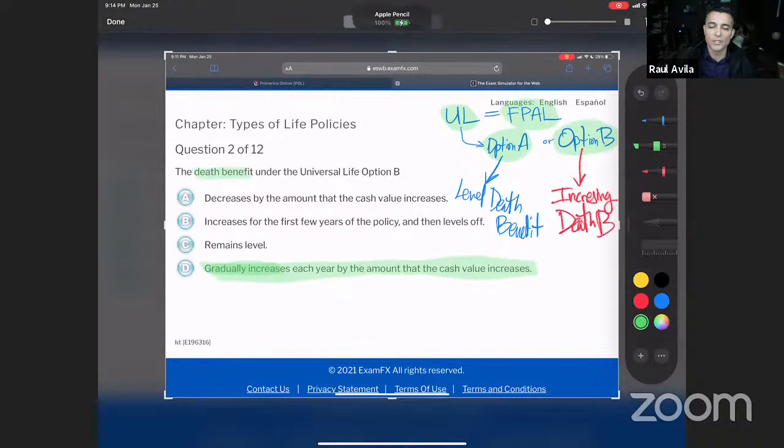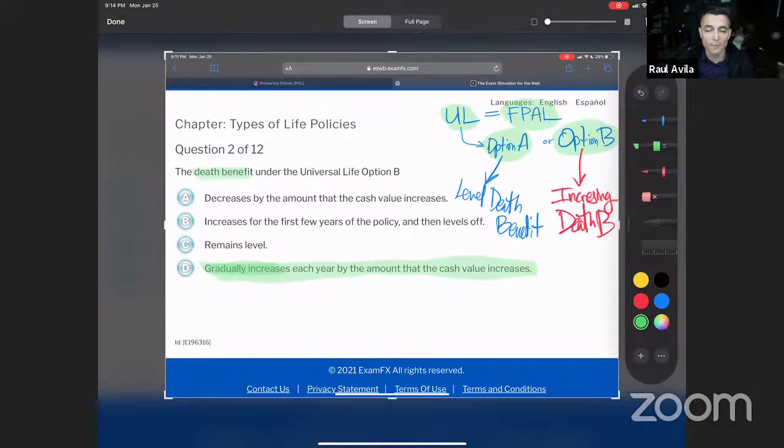So increasing death benefit means that if you start at $300,000 in coverage, but the cash value is $10,000, what's the death benefit? It's going to be 300 plus 10,000, which is a $310,000 death benefit if that person were to pass away.